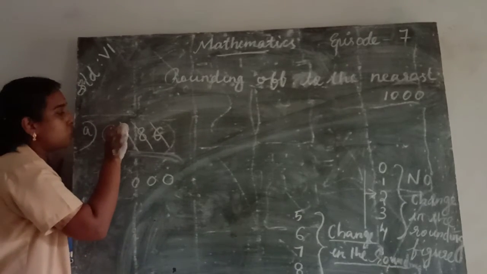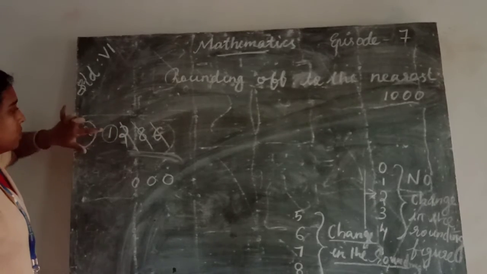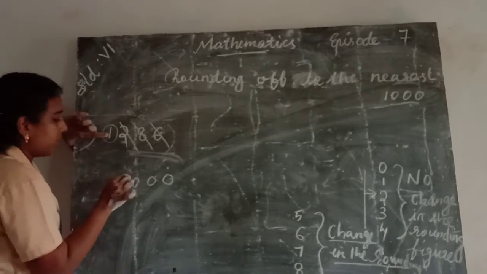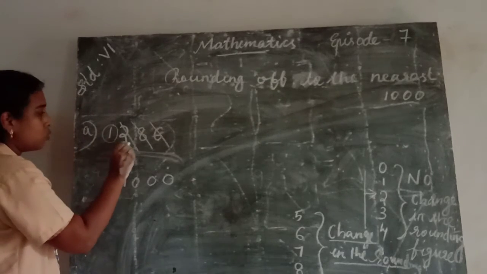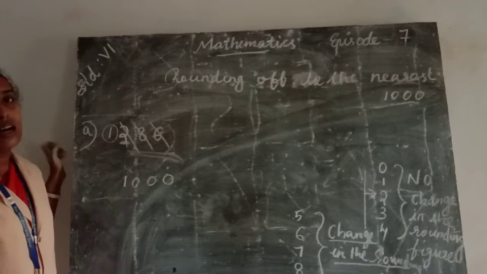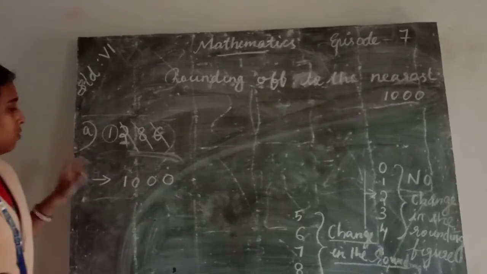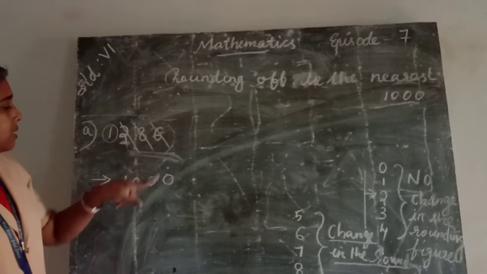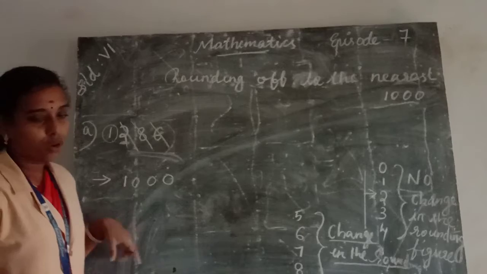So here it is 2, so we can write 1 here, because there is no change in the rounded figure. So the number is 1000. So the nearest 1000 of the number 1286 is 1000.